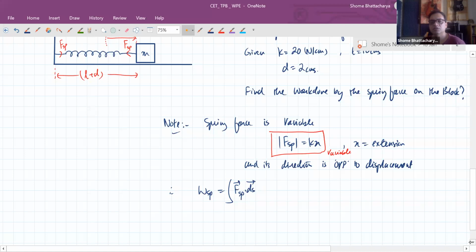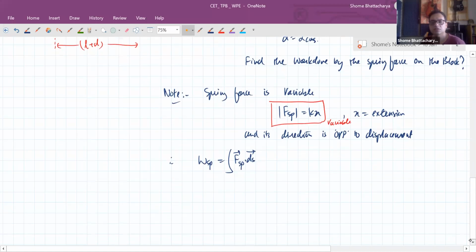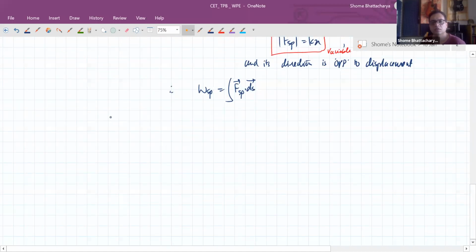However, this is going to be a one-dimensional example, so the dot product will just result in a simple product. At some intermediate time, let's say the extension of the spring is x. So x is right now less than d, but greater than 0.